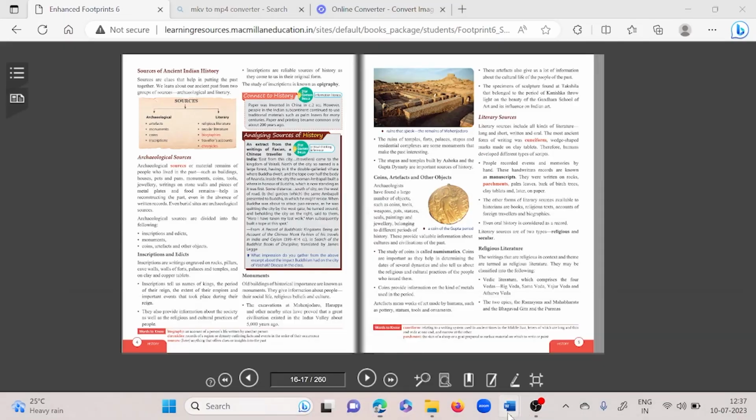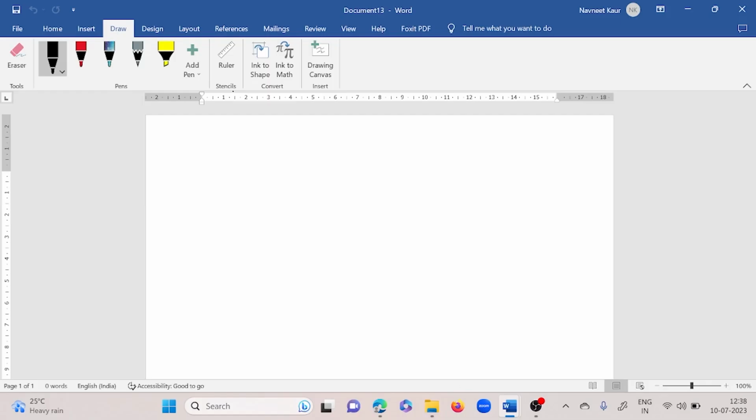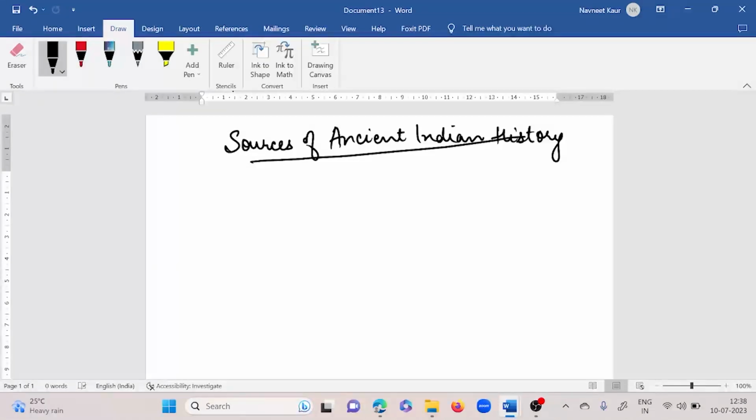So, let's get started. In today's class, part 2 of the first chapter of history, we will cover sources of ancient Indian history. Basically, we have grouped it into two parts.